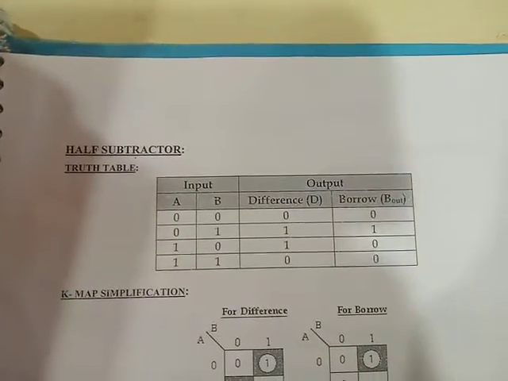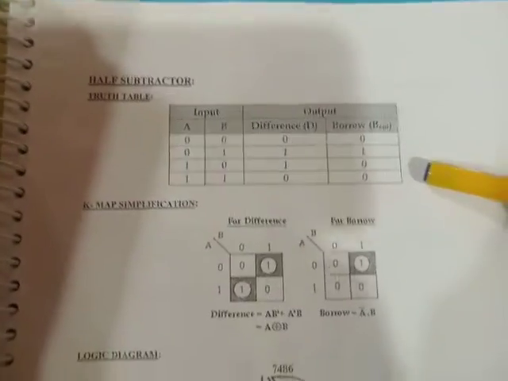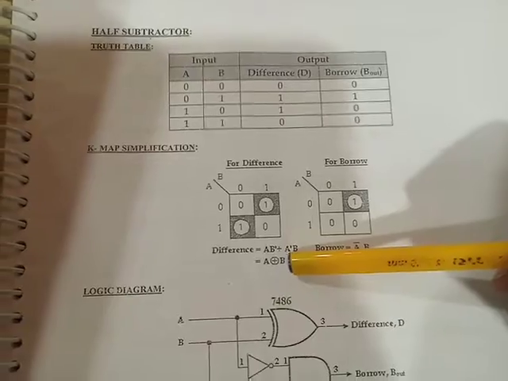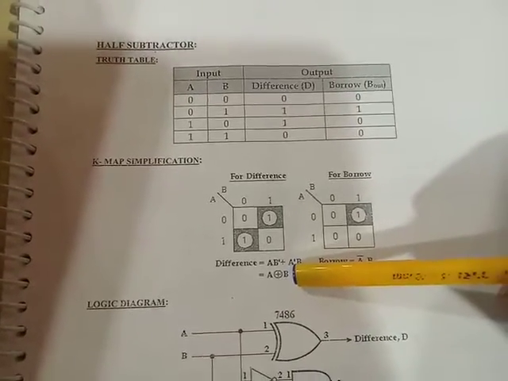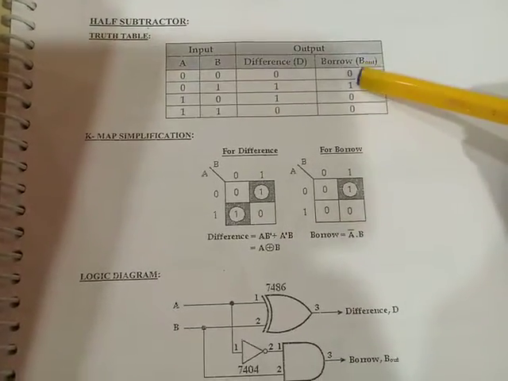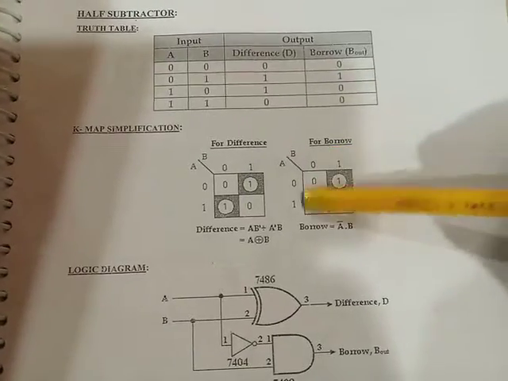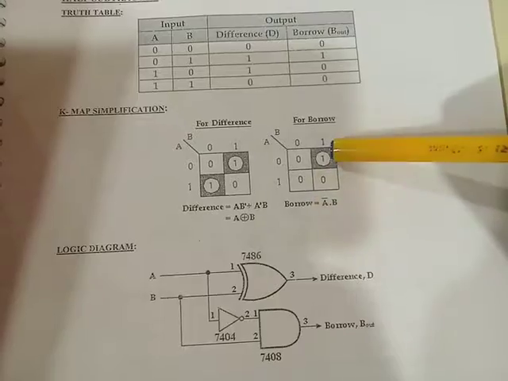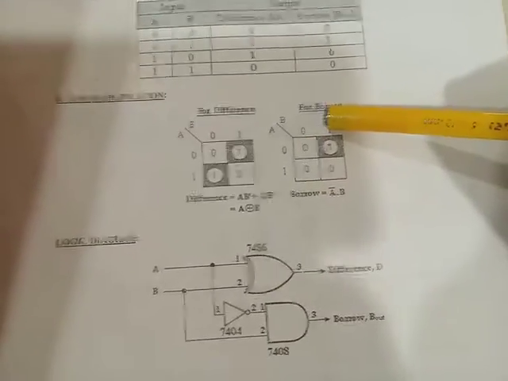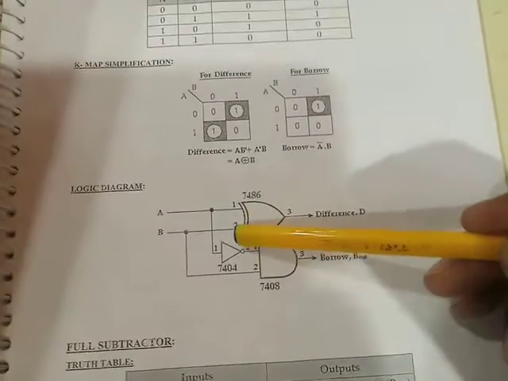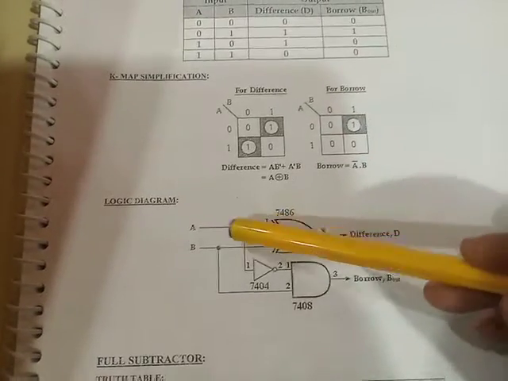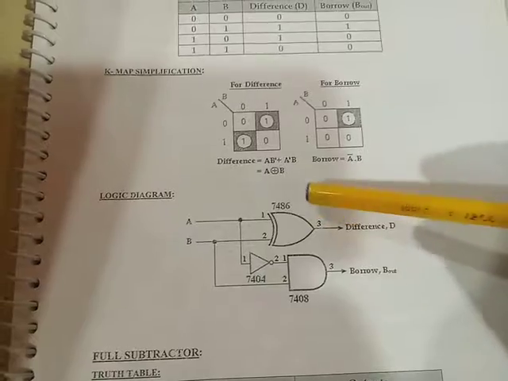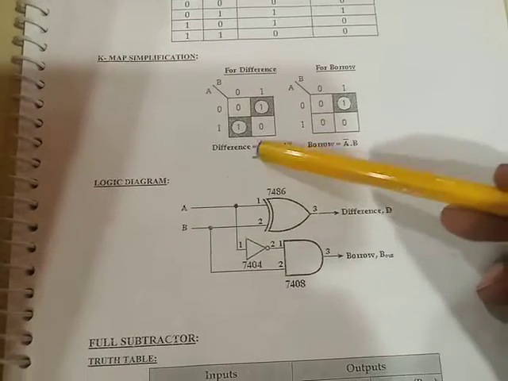The difference is again the same thing, A XOR B. And for borrow, if you do the K-map simplification, I am getting a one here, so it is A bar B. We are doing just as we did in the half adder, so A and B are the same.